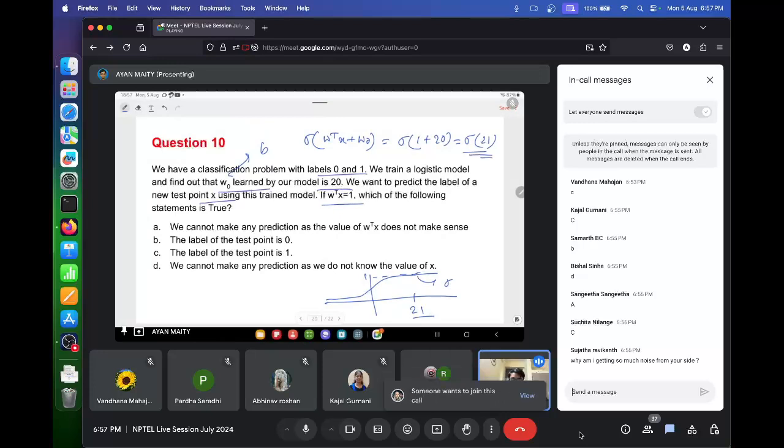If you compute it using a calculator, it comes out very close to 1, not exactly 1, because the sigmoid function doesn't exactly touch 1, but it comes very close to 1. So sigma of 21 would be almost 1. So option C is the correct answer. The level of the test point is 1.